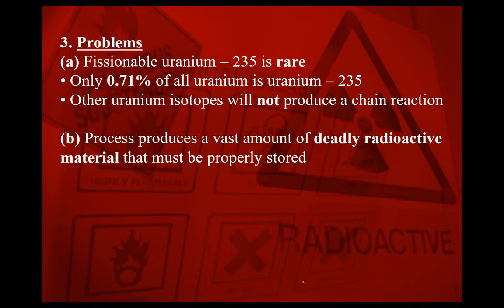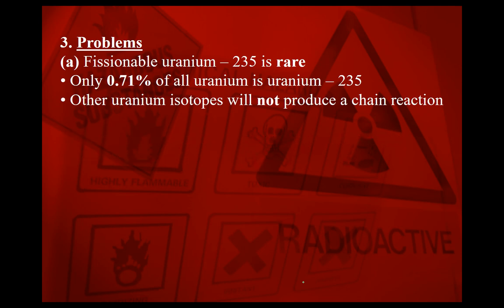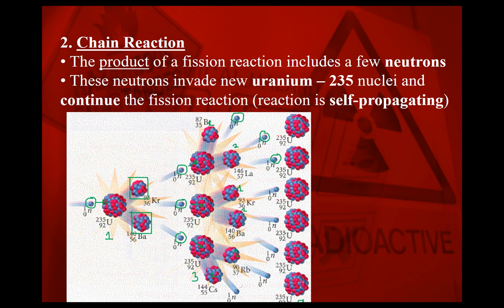Second, the products in nuclear fission are very, very radioactive. They're not good elements to get. If we go back to this reaction, we're getting krypton and barium. That isn't the point; we're not trying to get krypton and barium here.